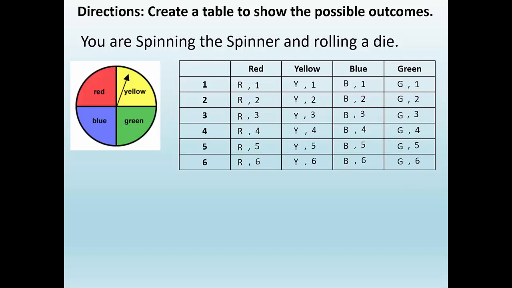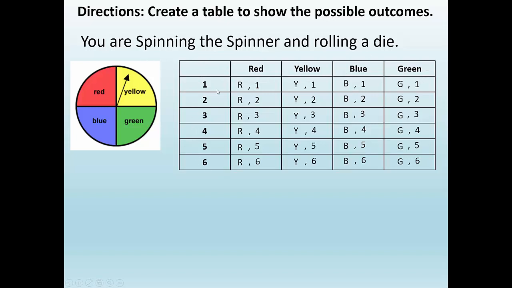Now, yesterday we talked about the fundamental counting principle. And the fundamental counting principle said that if we had m events of one type and n events of another type, and we combine them, we're going to end up with mn events. So notice I have 4 possible outcomes on my spinner.